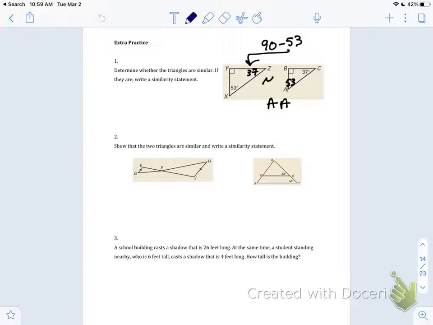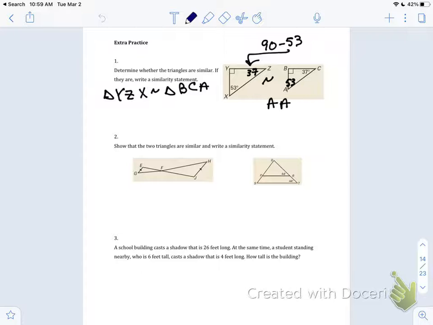Write your statement. So triangle, go to the right, go to the 37, go to the 53, is similar to triangle, go to the right, go to the 37, go to the 53. There you have it.